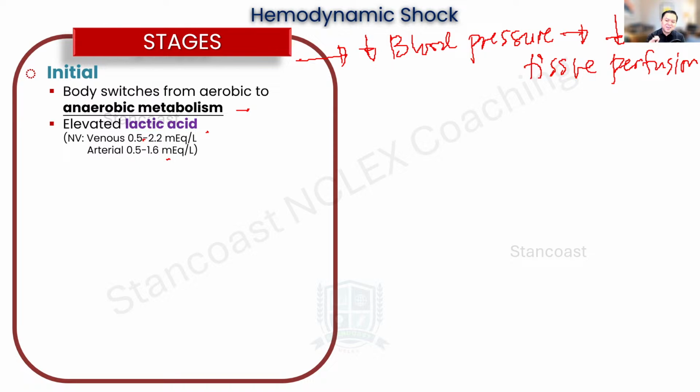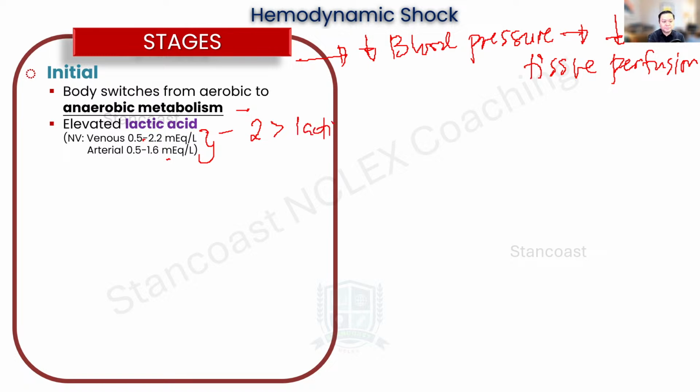Anything beyond that value is already considered lactic acidosis. I just want you to keep in mind these different levels of lactic acid in a venous or arterial blood sample. And to be safe, especially in taking the NCLEX, I would consider anything above 2 as a sign of lactic acidosis.